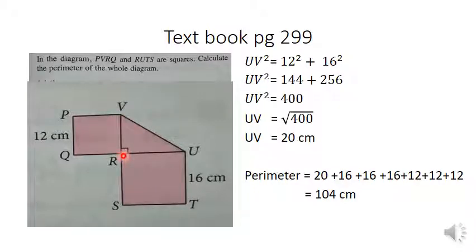This side also is inside the diagram, so you cannot take this length. If you want to find perimeter, choose the sides around the diagram. Inside the diagram, you cannot take the side.